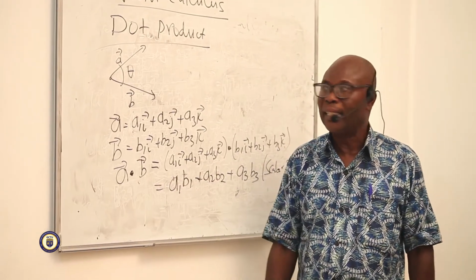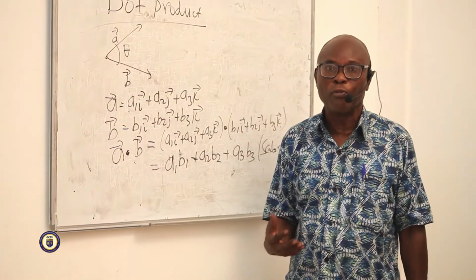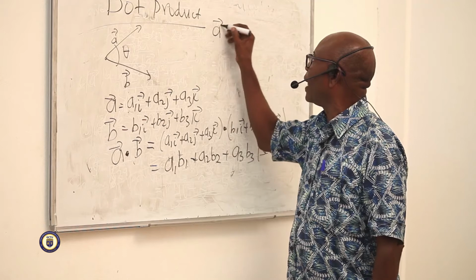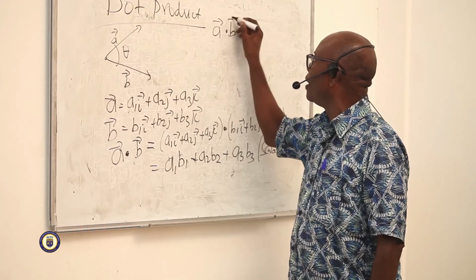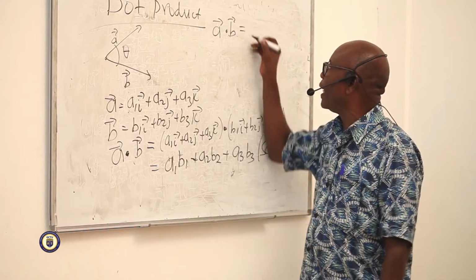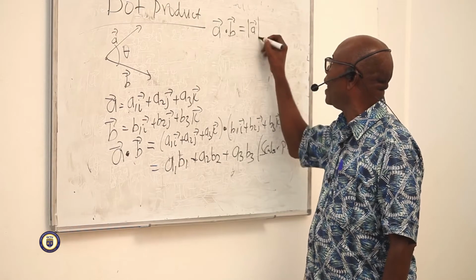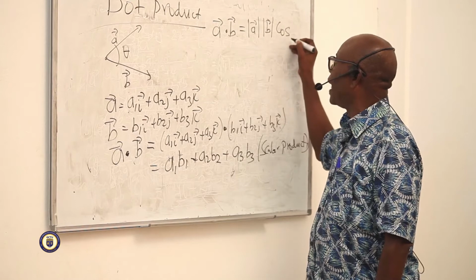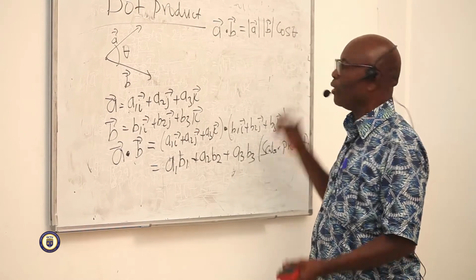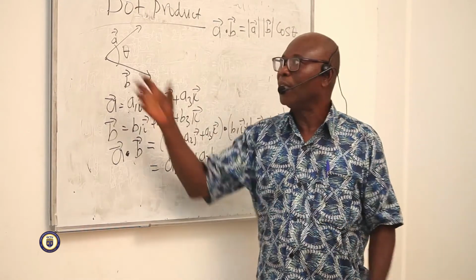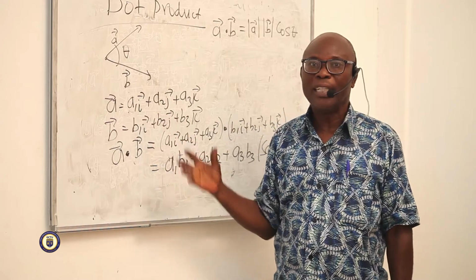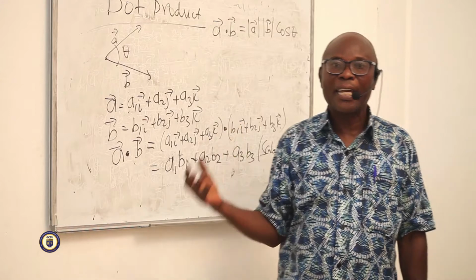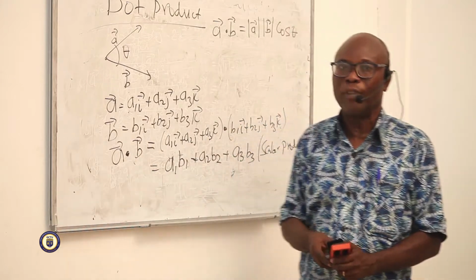But geometrically, if you're talking of the dot product of two vectors, A dot B is defined as the magnitude of vector A times the magnitude of vector B times the cosine of the angle between the two vectors. This is how we can find the angle between two vectors.